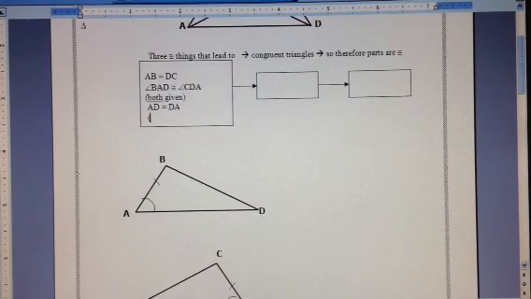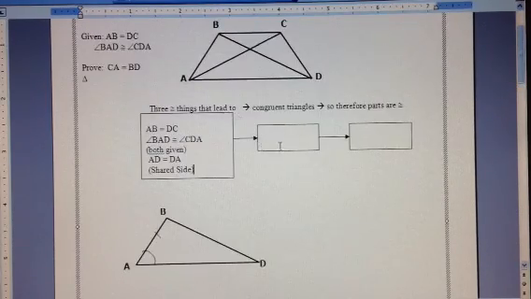You should always look for a shared side because that's one of the main things that we use to get the triangles congruent, as a third side that's shared. Or sometimes we also use vertical angles. So always look for vertical angles and shared side as your third thing. And then, of course, we already said that the two triangles are going to be congruent, so I'll just write it this way.